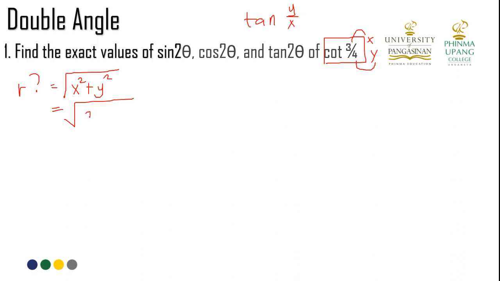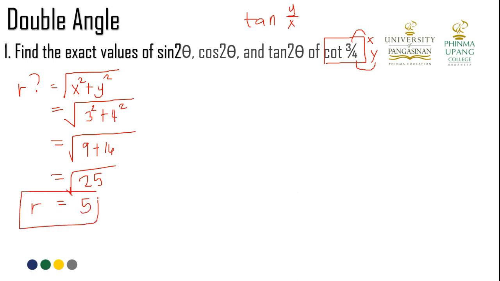So x is 3 squared plus 4 squared. Simplify, 3 squared is 9 plus 16. Then this is 25. And as you can see, 25 is a perfect square number. Then the square root of 25 should be 5.